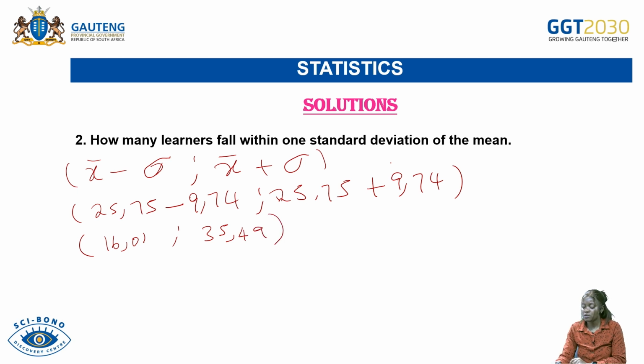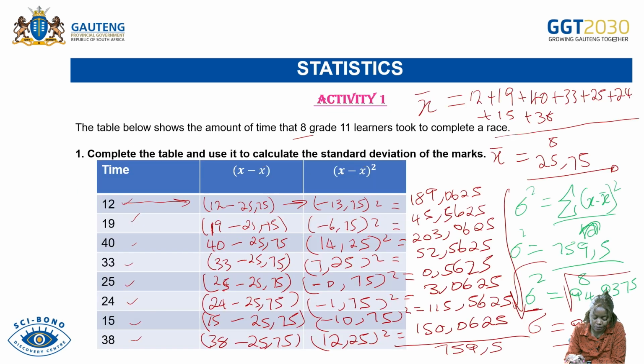So we go back to our data set and look for the learners that fall within 16 and 35.49. They should be above 16 but less than 35.49.